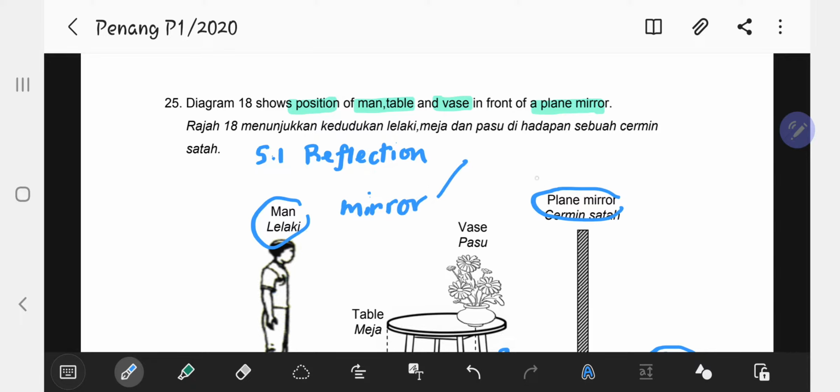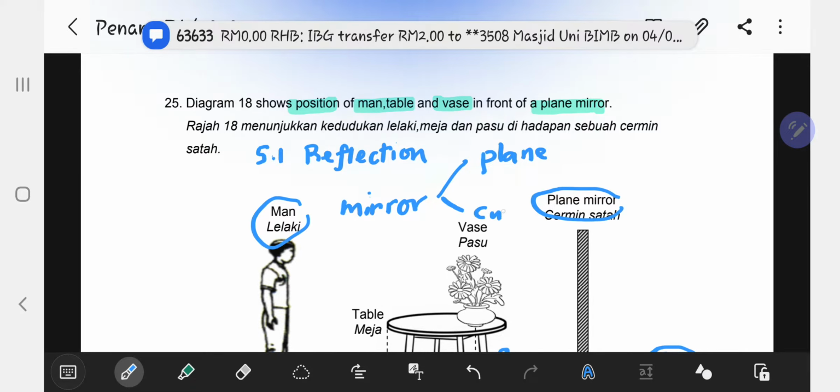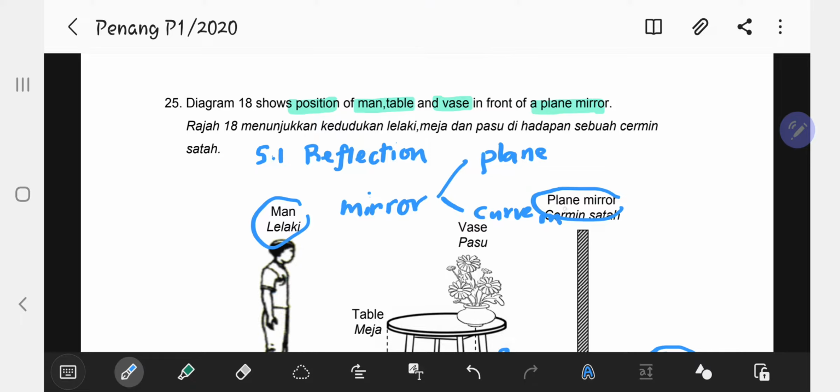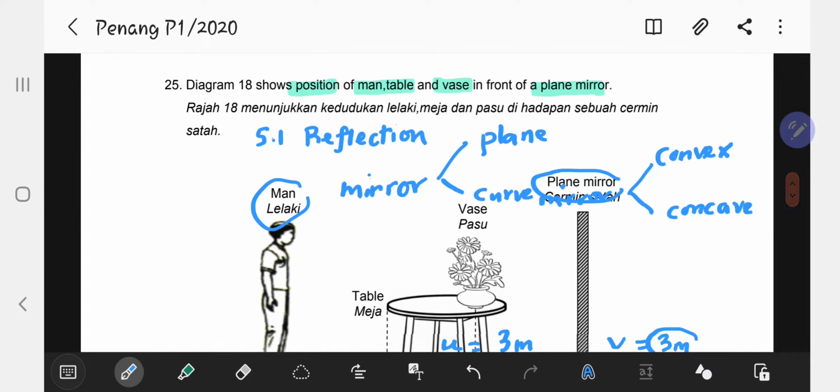One is the plane mirror, like this one, and the other is the curved mirror. For the curved mirror, there are two types. One is the convex mirror, cembung, and the other one is the concave mirror, cermin cekung. Now, first we look at the plane mirror.